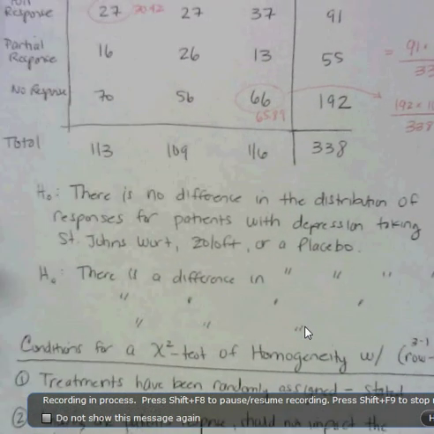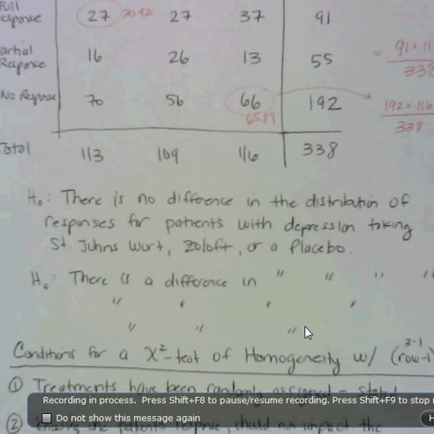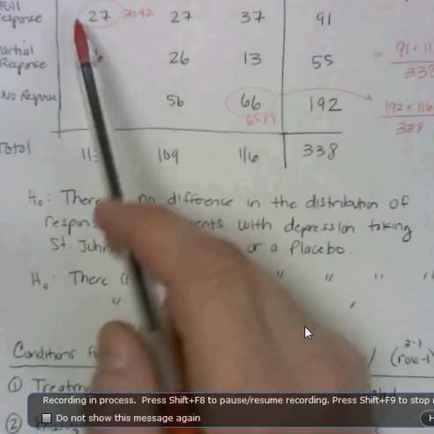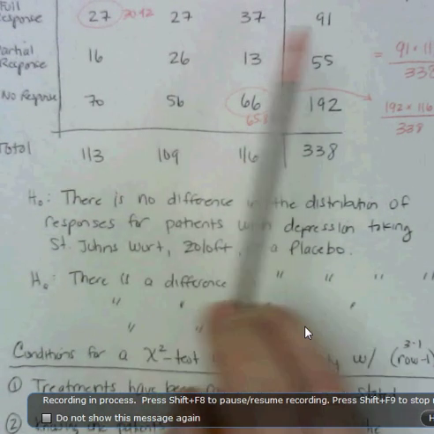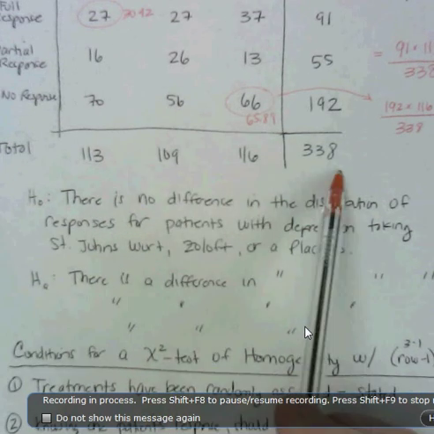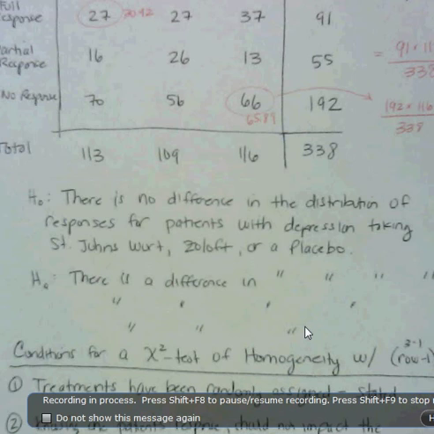Okay. Now, for the time being, because we get to that third condition, we need all our expected counts to be greater than or equal to 5. So trust me for right now. If I was there, I would just have everyone calculate this one, 55 times 109 divided by 338. But I'm going to show you where they're going to get calculated in your calculator, and it'll be really nice, you don't have to worry about it.